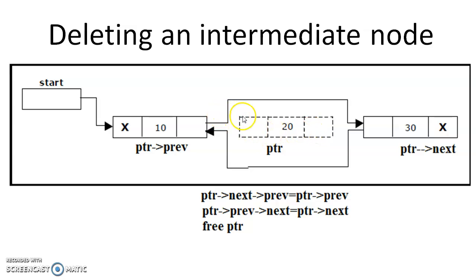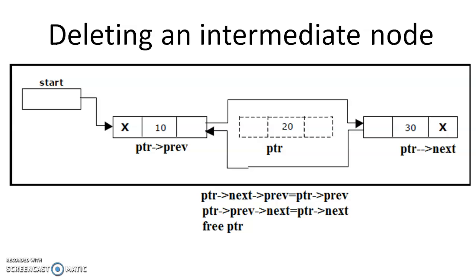For this purpose, the pointer of next of previous is pointing to the pointer of next, and pointer of previous of next is pointing to the pointer of previous. This is similar to an analogy where people are standing in a line holding their hands.